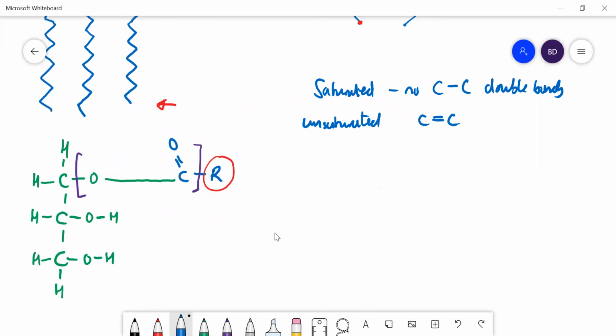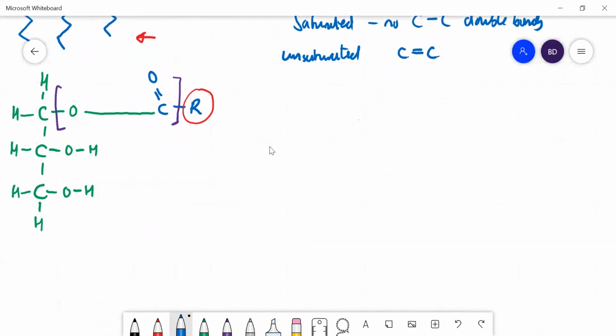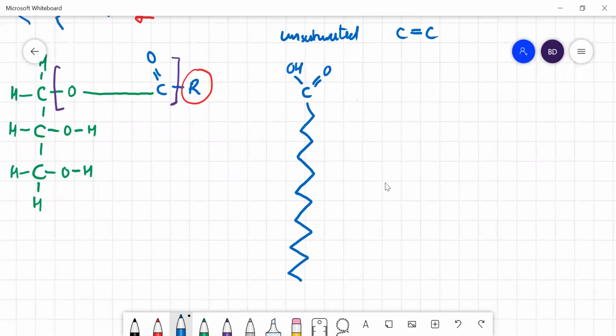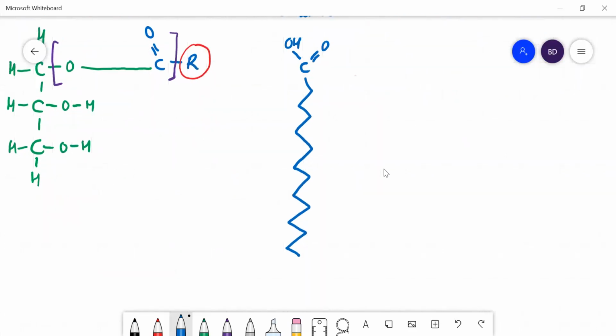So if I draw a fatty acid here, this is the carboxylic acid end of it. Then I'm going to draw this as zigzags. I should really count 18 there. 1, 2, 3, 4, 5, 6, 7, 8, 9, 10, 11, 12, 13, 14, 15, 16, 17, 18.